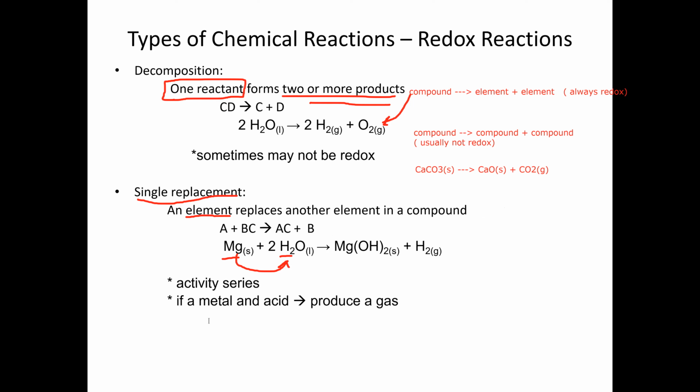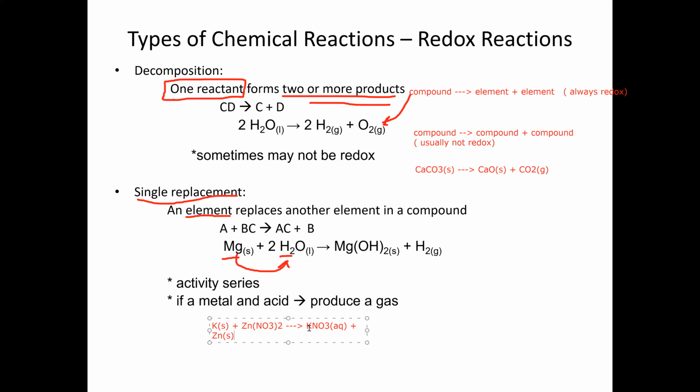Another example could be, we take some potassium and react it with zinc nitrate solution. Since potassium is more active than zinc, a reaction occurs, and we displace the zinc.